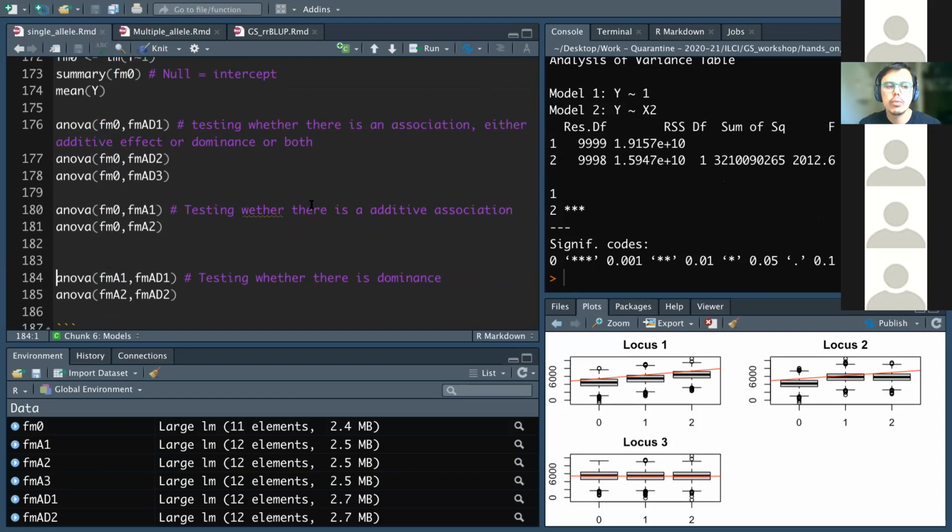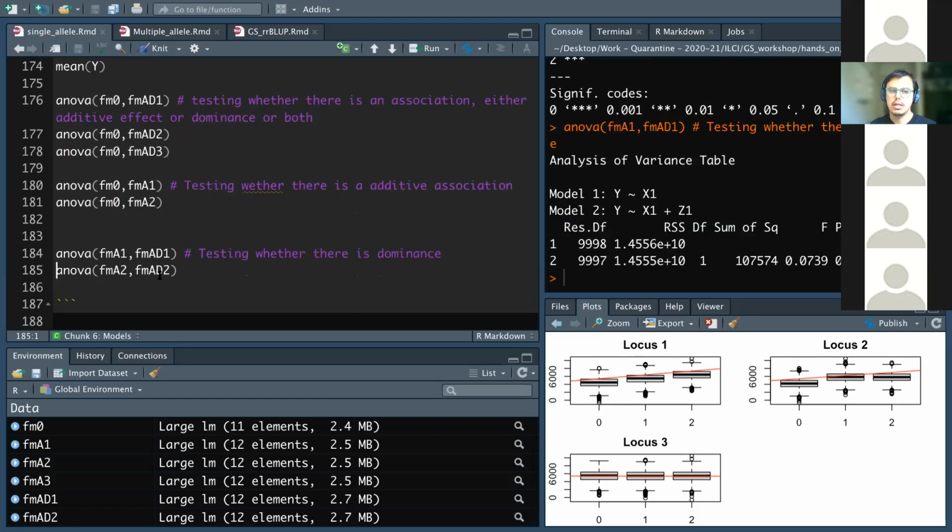Then what we want to compare is, okay, now we know that there is a genetic effect, but is there a dominant deviation? To assess that, you just have to do an ANOVA between the model with the additive effects and the one that takes into account the dominant effect.